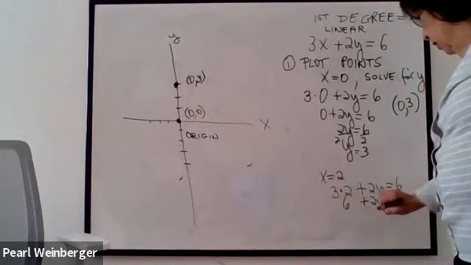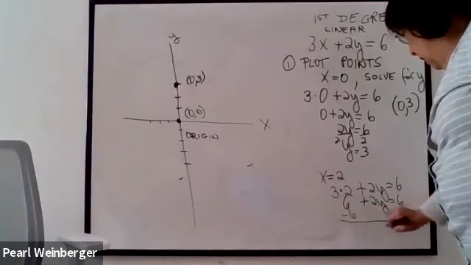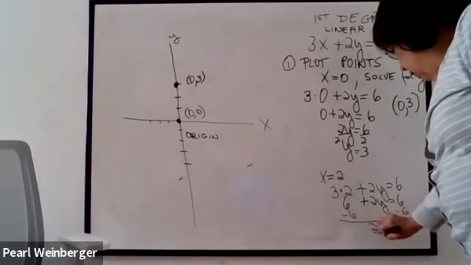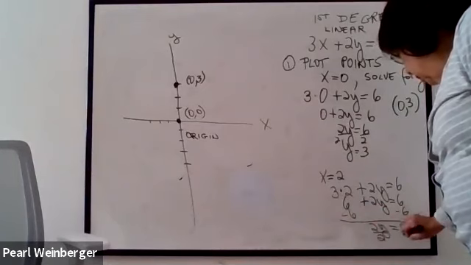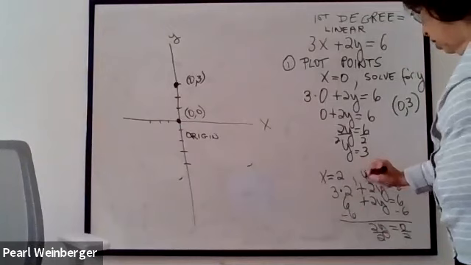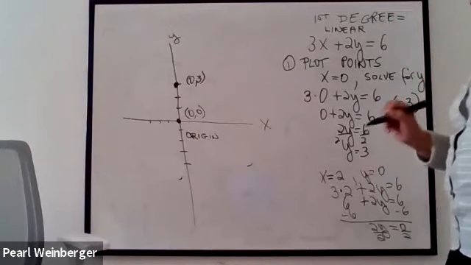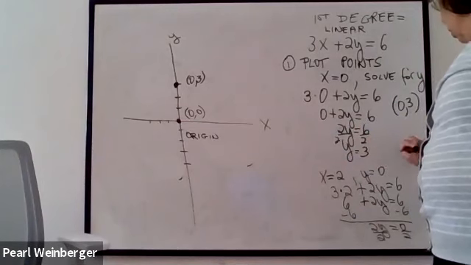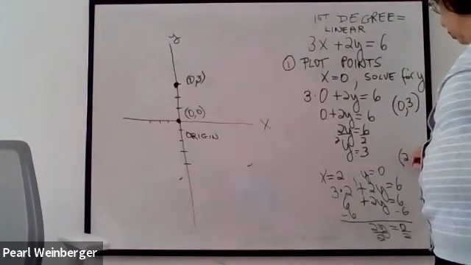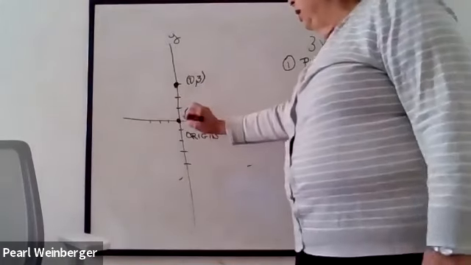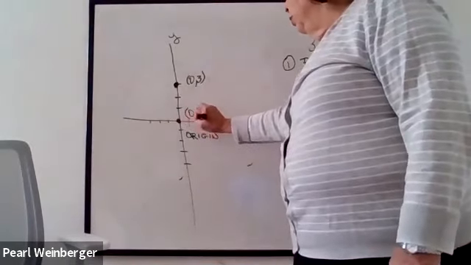And lo and behold, I get 2y equals 0. And of course, if 2y equals 0, that means y equals 0. So another point on this line is the point x is 2, y is 0.